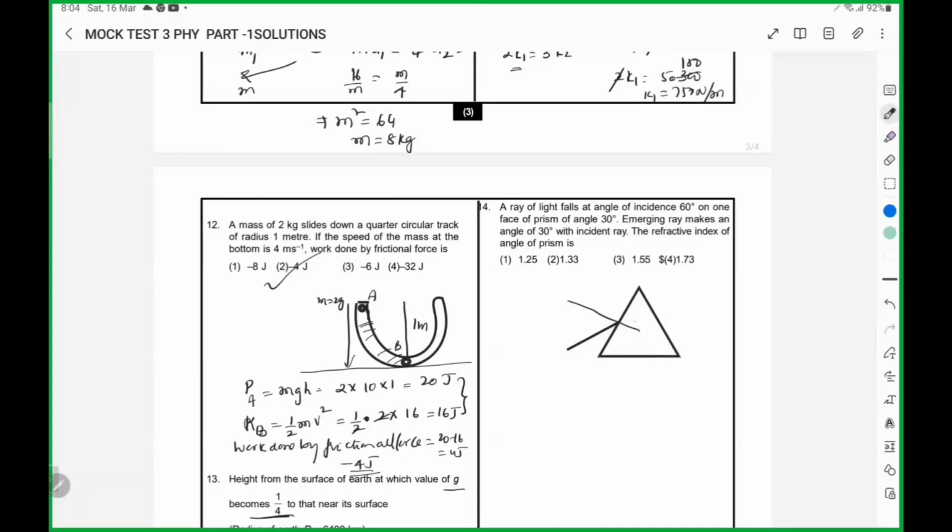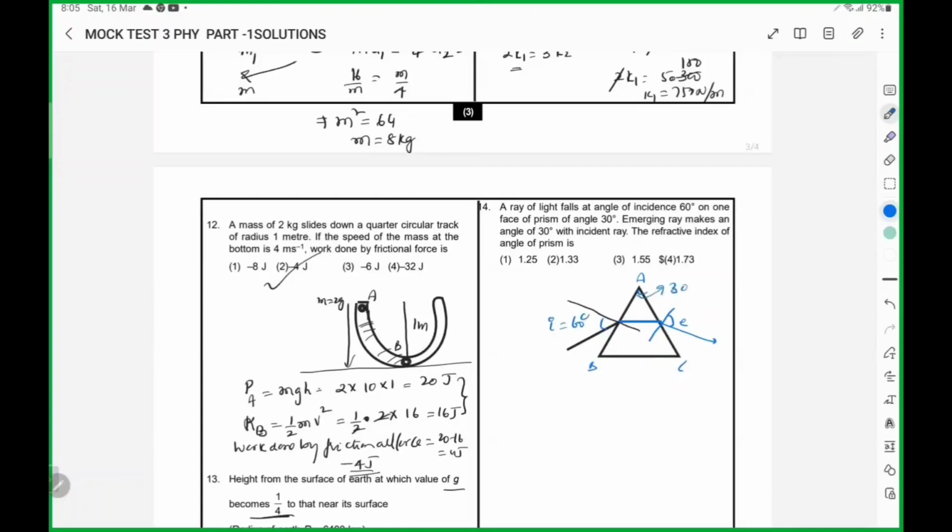It is the normal. So the ray gets deviated, and when it is moving from glass medium to the air, it moves away from the normal. This is the angle of emergence. It is the refracting angle. This is the angle of incidence, which is 60 degrees.